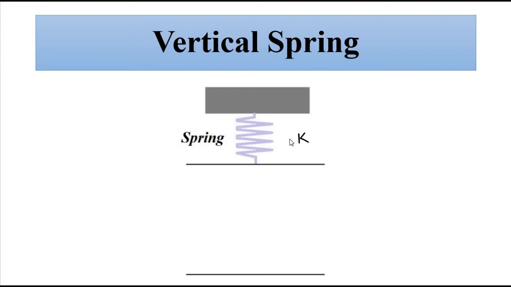Here there is no mass attached to it. One end is connected to the rigid support, the other end is free. In this condition it is neither compressed nor stretched. Suppose we connect a mass to one end.